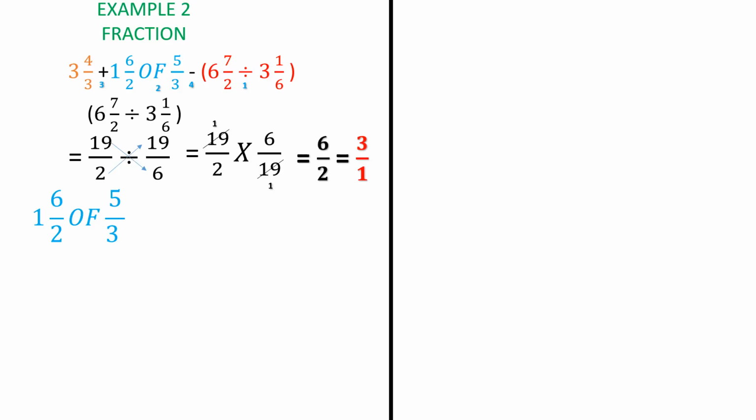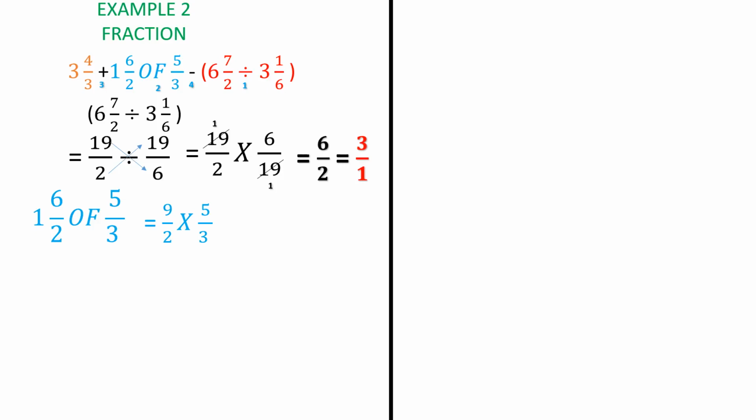So there we still have a mixed fraction, which is one whole number 6 over 2. We have to change our fraction to an improper fraction. Therefore, if we change that fraction to an improper fraction, we are going to have 9 divided by 2 times 5 divided by 3.